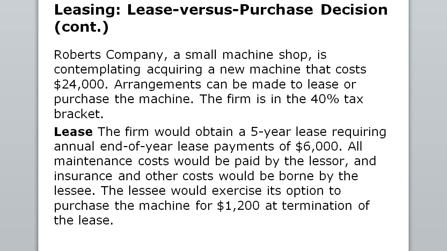The firm would obtain a 5-year lease requiring annual end-of-the-year lease payments of $6,000. For these problems, we usually use end-of-the-year payments rather than monthly because it's easier to calculate. All maintenance costs would be paid by the lessor, and the insurance and other costs would be paid by the lessee. The lessee would exercise its option to purchase the machine for $1,200 at termination of this 5-year lease.